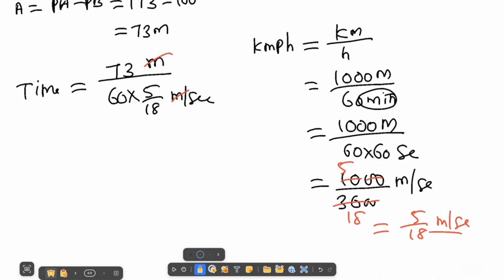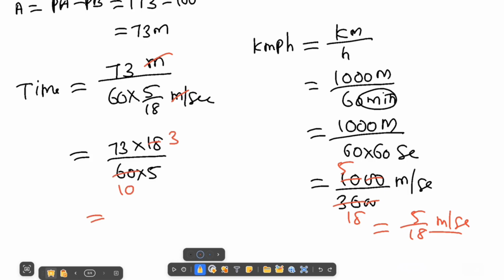So meters gets cancelled. Now this will be equal to what? 73, and this 18 will go up, 18 by 60 into 5. So any cancellations, right? 6 3s are 18, 6 10s are 60.